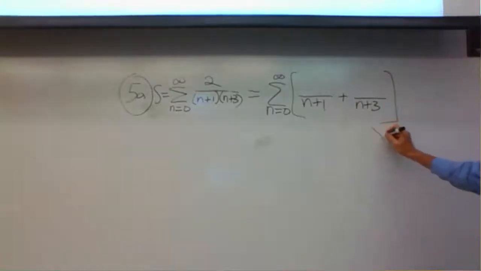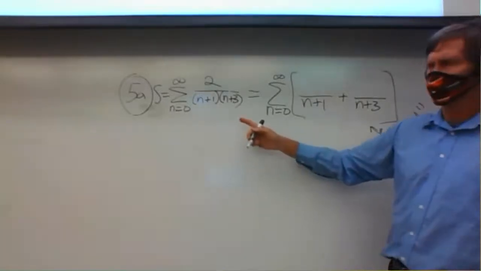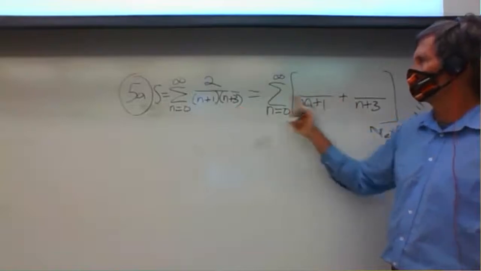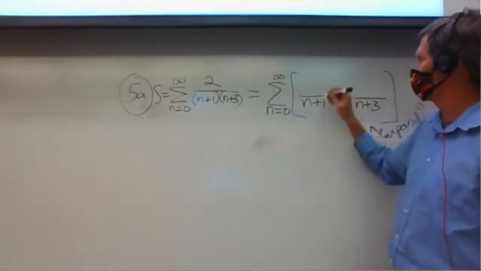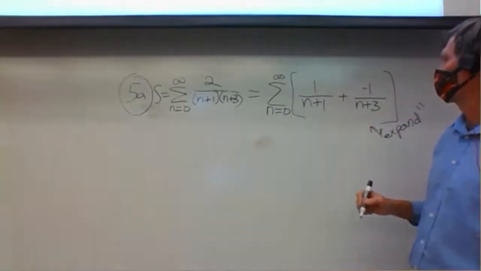You can use your expand command on your calculator, right? You're allowed to bring a calculator to the exam if you want, or you can do it by hand. It's not too bad, right? We did it before for integrals, so I won't go through the details, but suffice to say that 2 over (n plus 1)(n plus 3) is equal to 1 over n plus 1 plus minus 1 over n plus 3, right?